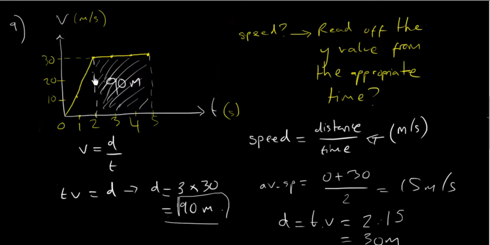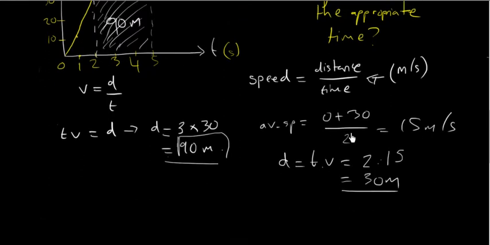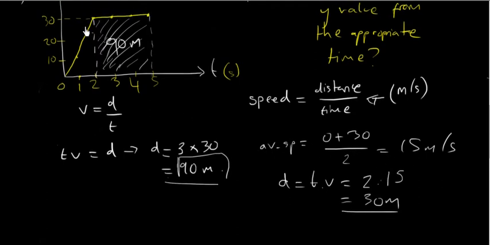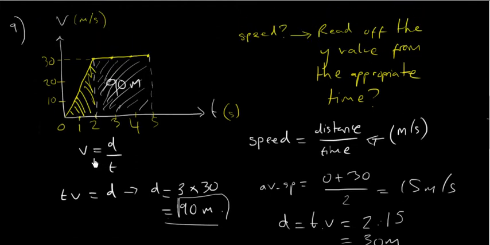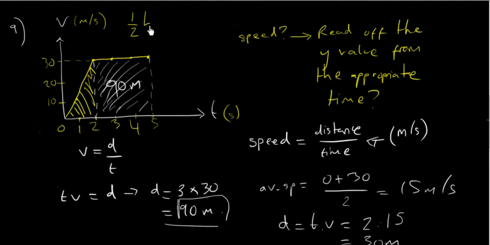in the second part, we did the average speed, so we had to divide by 2. But if you remember the formula for the area of a triangle, the area of the triangle is half of the base times the height. So where here we were doing the full base times the height, here we have to do the full base times the height divided by 2.